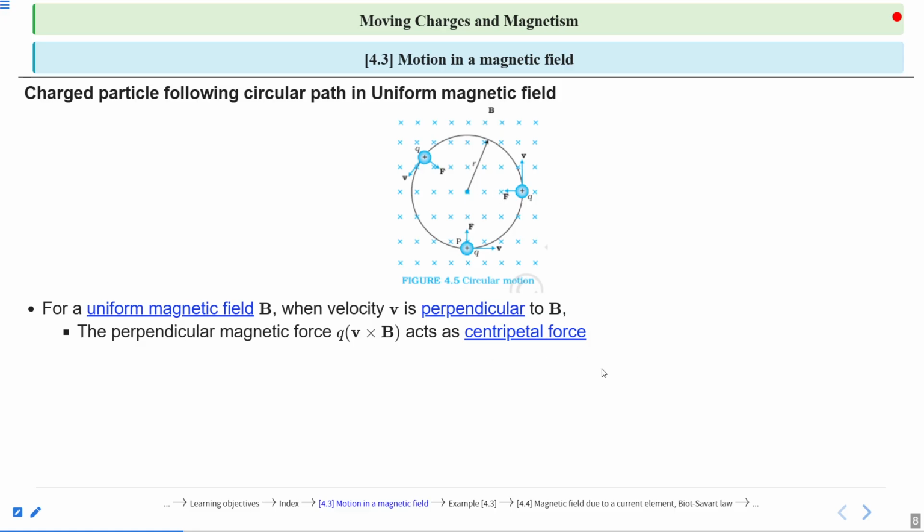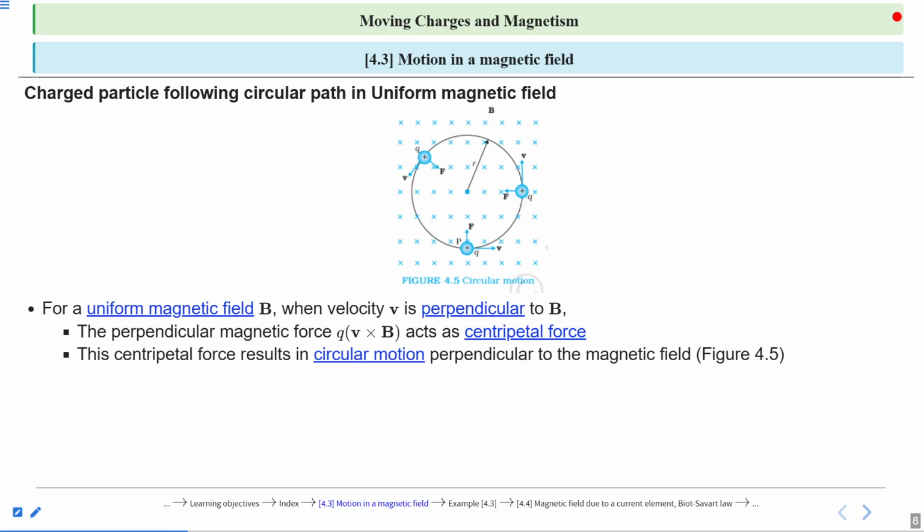So what does centripetal force do? It provides the necessary force, which is the condition for circular motion. This centripetal force results in circular motion. For circular motion, centripetal force is required.